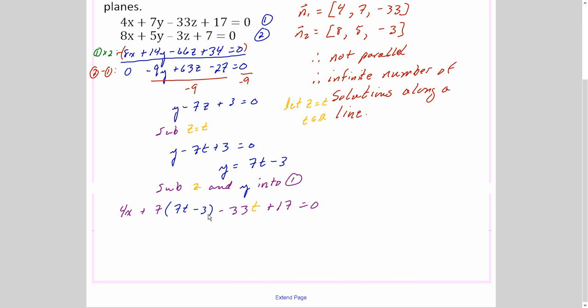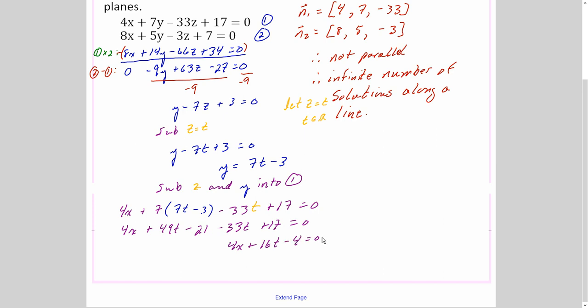Now I'm just going to do a little cleanup here. I'm going to collect some like terms. So I'm left with 4x plus 49t, subtract 21, subtract 33t, plus 17 equals 0. I'll collect some like terms. I'm left with 4x plus 16t, subtract 4, equal to 0.